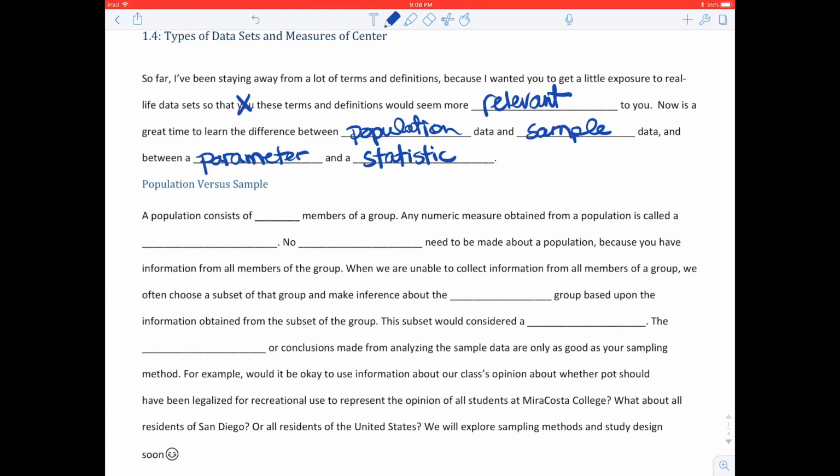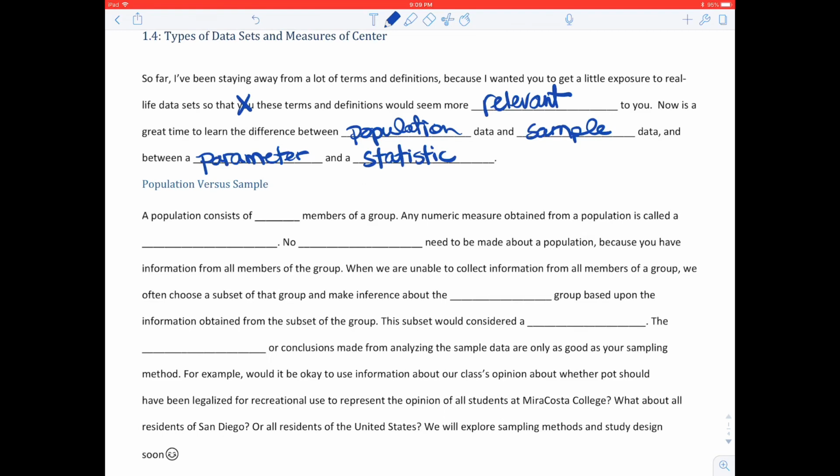So here's the thing. There's this whole science on making inferences, predictions, you name it, we do it. So what's the difference? Population, sample.